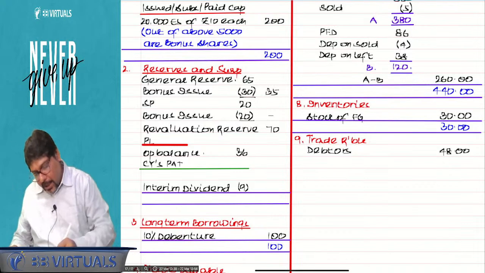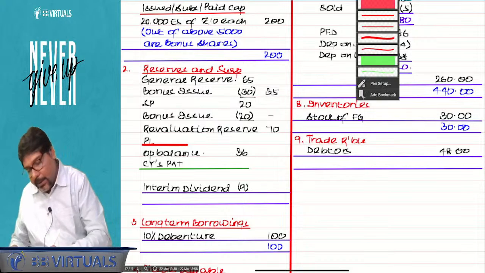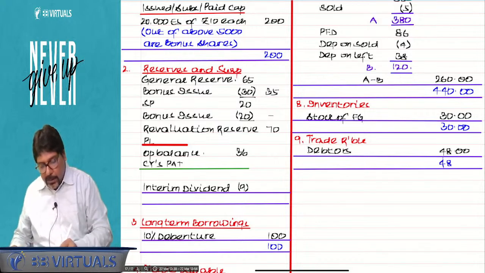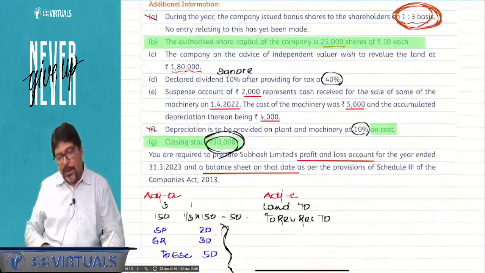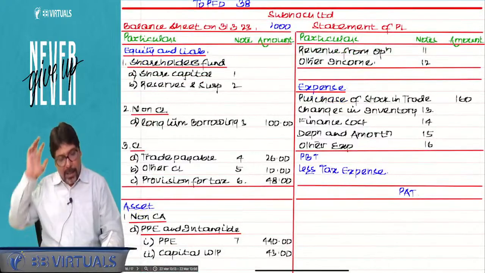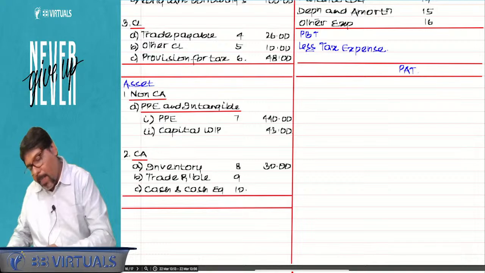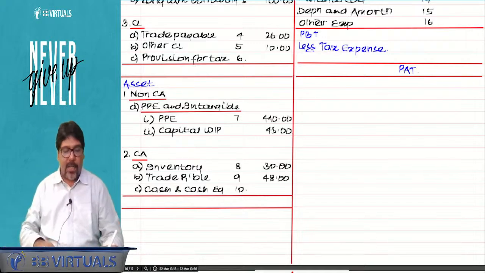Correct? Incorrect? Correct. Okay, done. Trade receivables now 48.